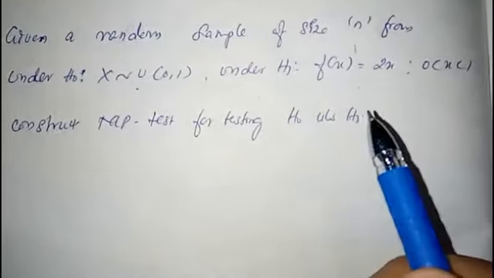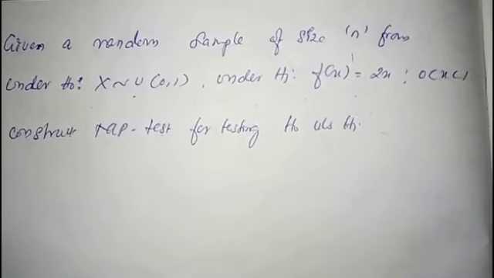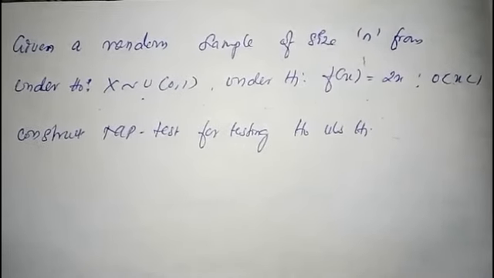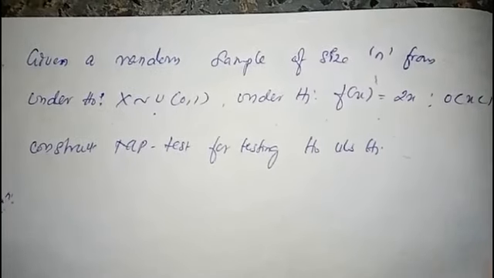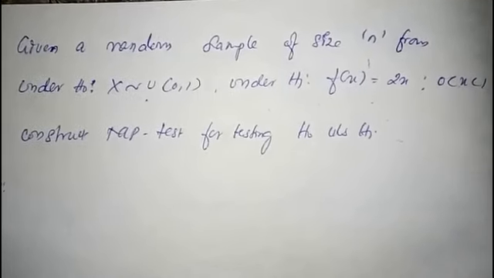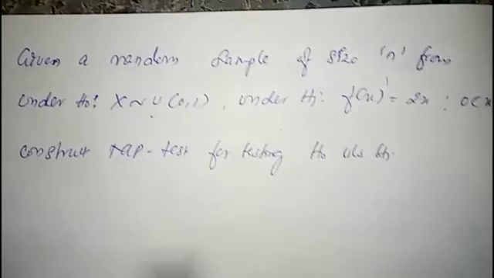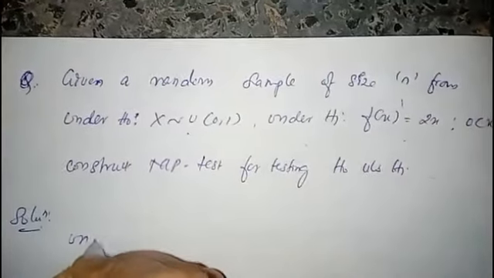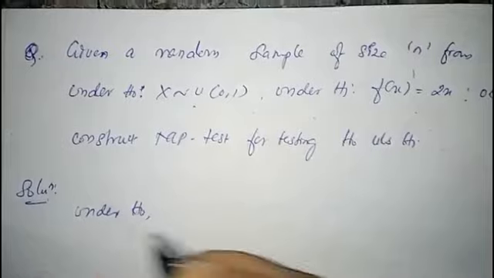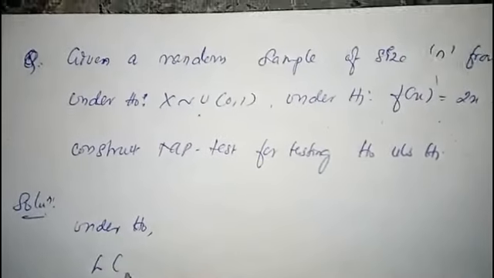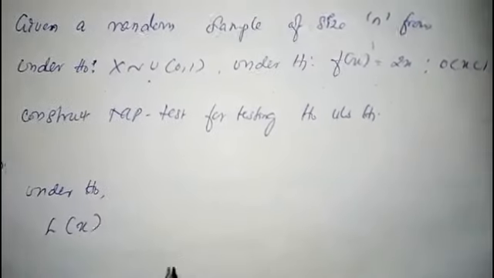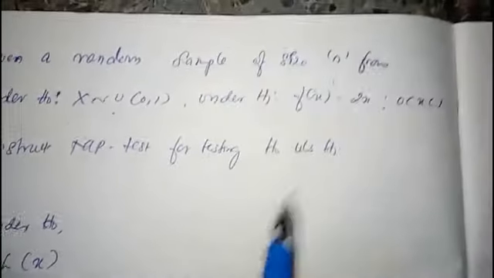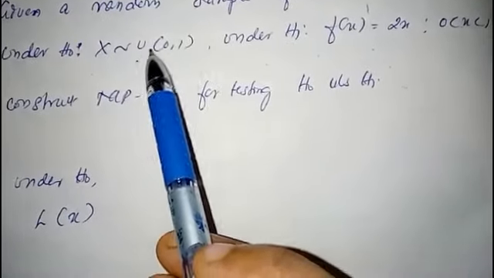Under the Neyman-Pearson lemma, we know that we reject H0 for a large ratio. For that, we want to take the likelihood. Under H0, there are no parameters, since it is uniform(0, 1).